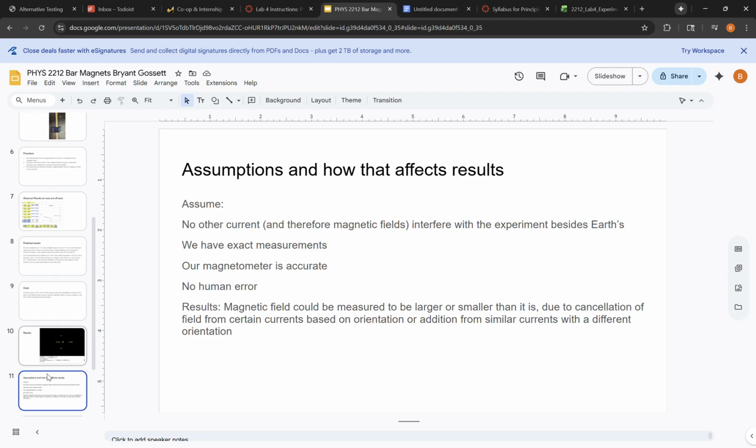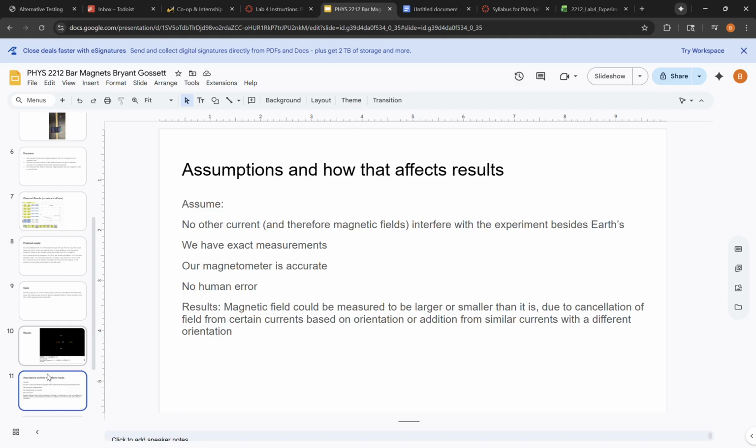We're assuming there's no other current or magnetic fields that interfere with the experiment besides Earth's, and that we have exact measurements. Our magnetometer is accurate. I forgot to say, the equation for that magnetic field is also, I believe, a bit of an approximation, so the equation might just not be accurate. We also assume there's no human error.